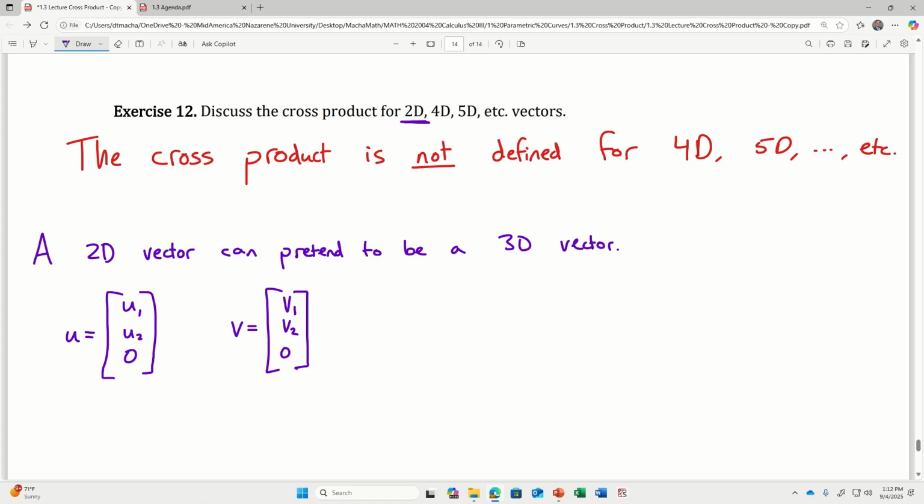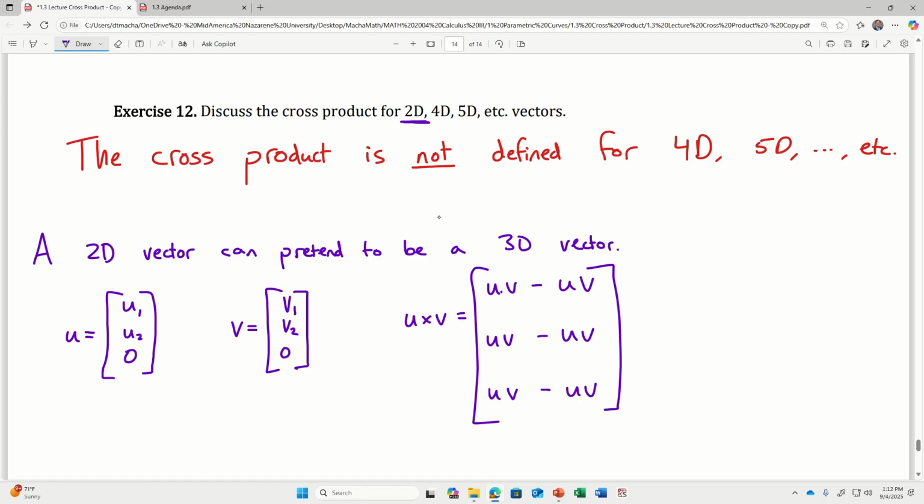And we can see what's going to happen when we take the cross product of these 2 vectors. Let's try it. Remember, it's going to be u2v3 minus u3v2, u3v1 minus u1v3, u1v2 minus u2v1.